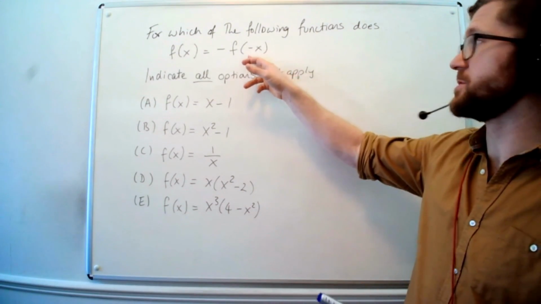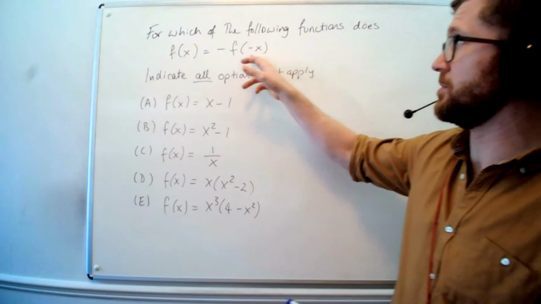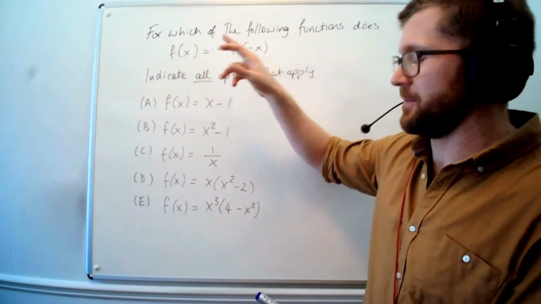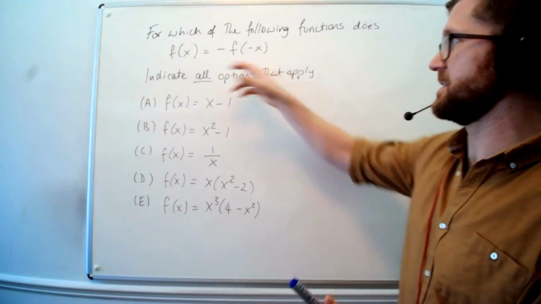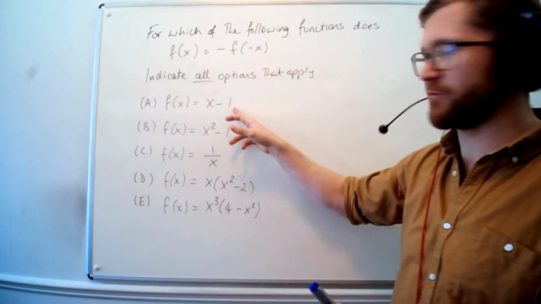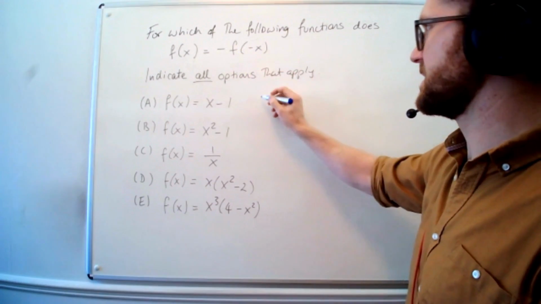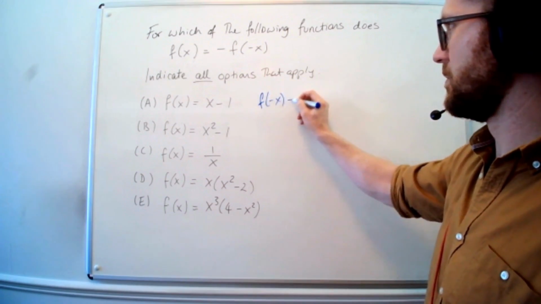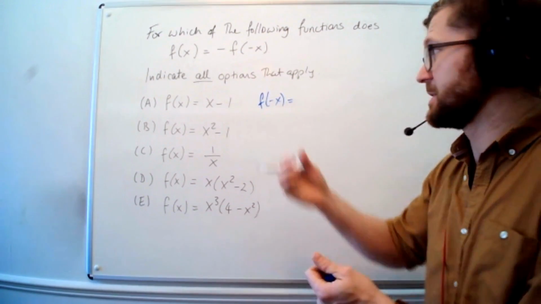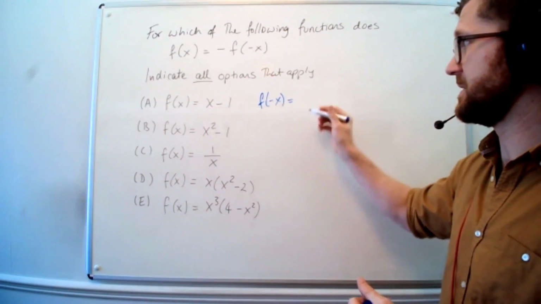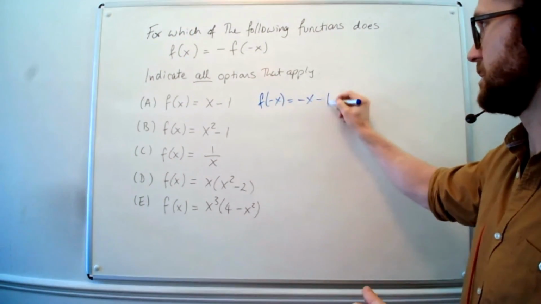Now, what I'm looking for is where does negative f of minus x equal f of x? Well, let's take the first one and see what that looks like in practice. So first of all, f of minus x, like we've done the last two questions, I'm just going to take the rule and replace x with minus x here. So negative x minus 1.